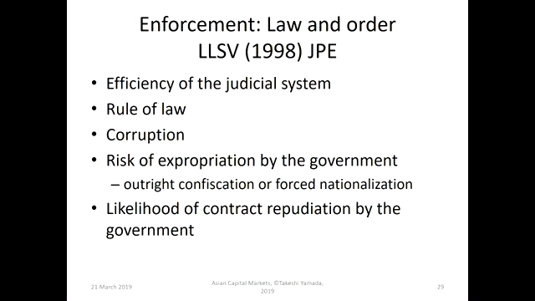The government suddenly steps in and takes away the assets. Well, this is like forced nationalization. Okay? And likelihood of contract repudiation by the government. So the government comes in and says, okay, I'm sorry, your contract is no longer there, right?